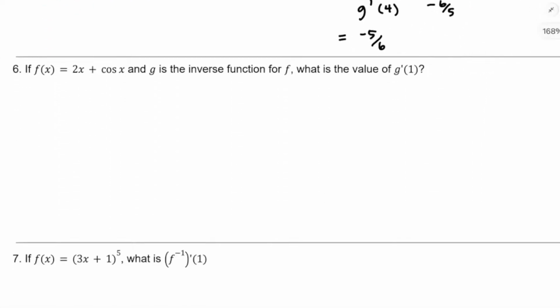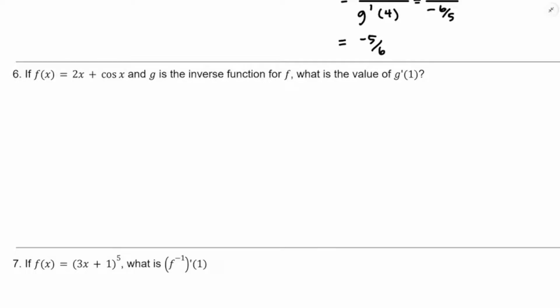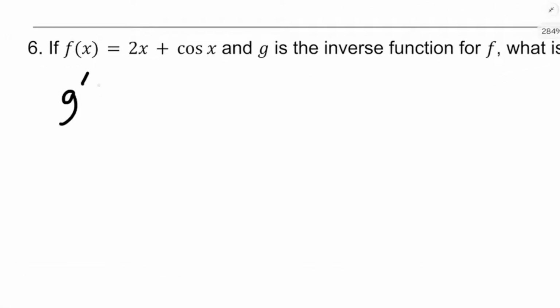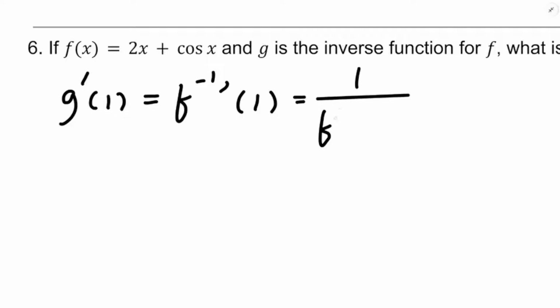Now, if f is 2x plus cosine x and g is the inverse function for f, what is the value of g prime of 1? All right, well, so f inverse prime of 1 is going to equal 1 over f prime of f inverse of 1.